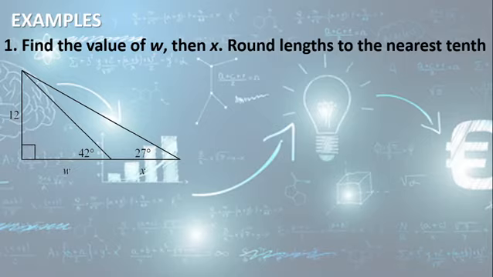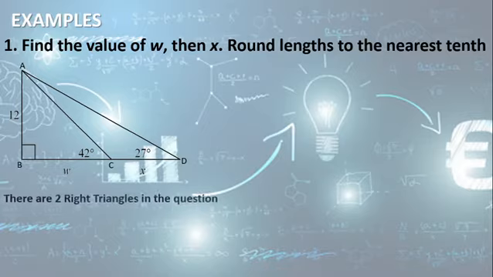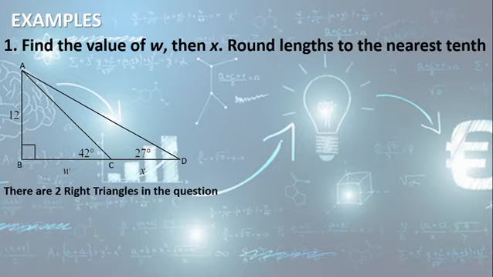Now the first thing that I'll do here is to label this shape so that it will be easy. So I have A, B, C, and D. And then if you look at this shape very well, you'd realize that there are two right angle triangles in it. Can you name them? Can you see the two right angle triangles there?